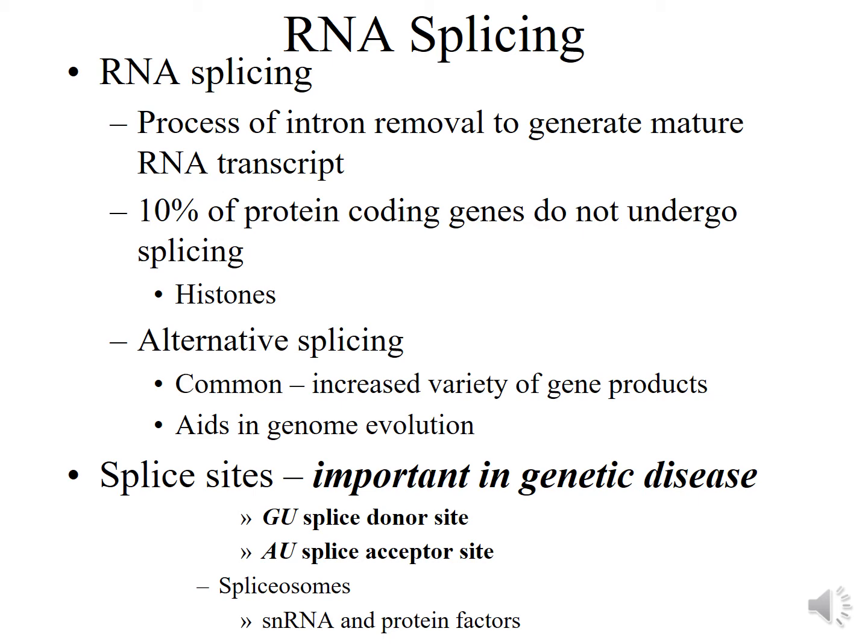Splicing gives a great deal of flexibility, plasticity to our genome, in that we can create a variety of gene products through the process of alternative splicing. So alternative splicing refers to the fact that one RNA transcript can be spliced differentially depending on the particular signals that are present, to give rise to a variety of gene products.